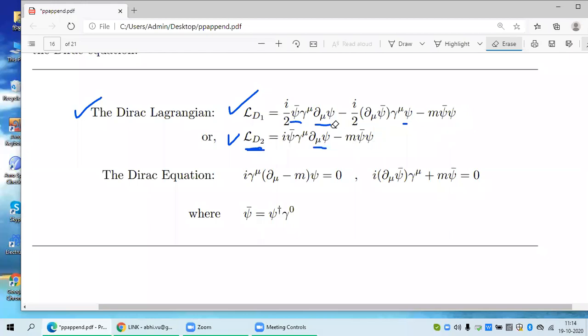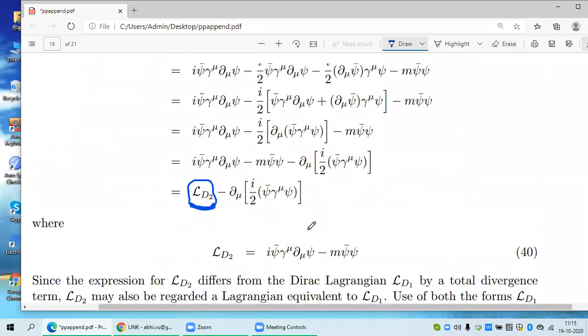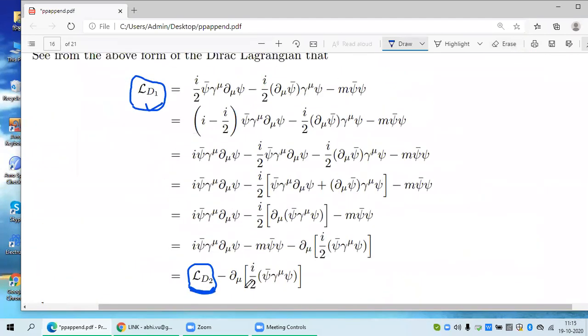Sir, yes. In LD2, there is a total derivative term del mu. LD2 is this. LD1 equals LD2 minus this total derivative term. Yes.